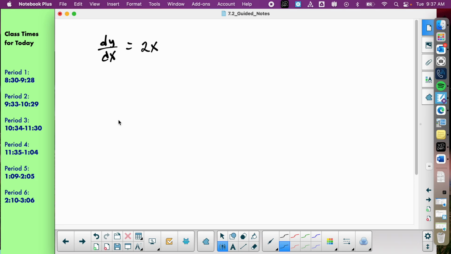So you can integrate both sides. This one, technically, we'd have to multiply by dx. And when you integrate, I picked 2x because that's going to be probably the most straightforward one we know of. So we get x squared plus c, right?